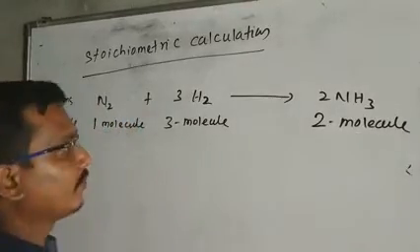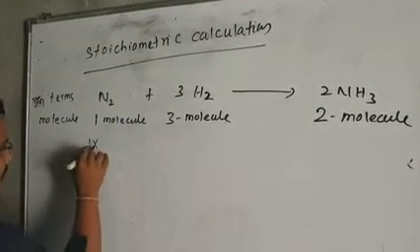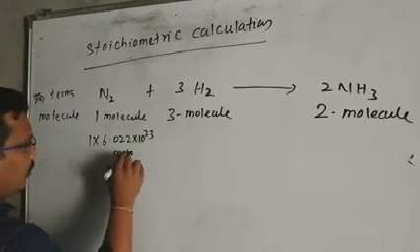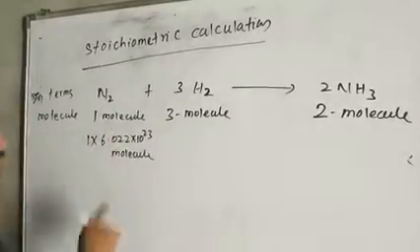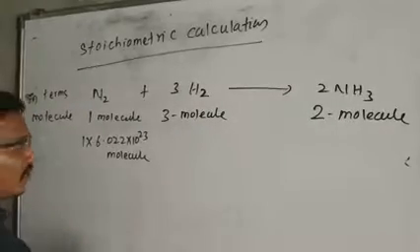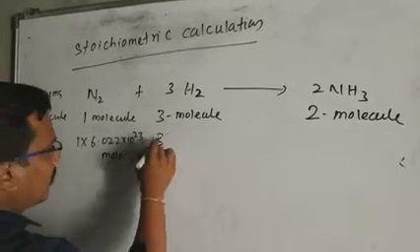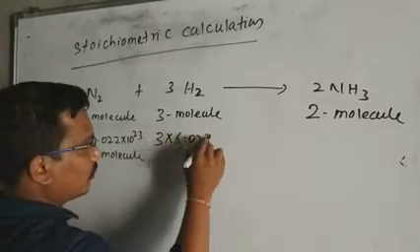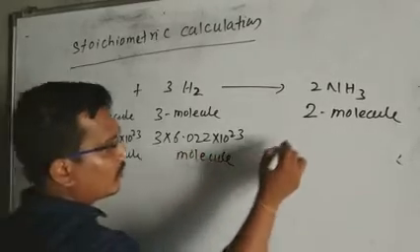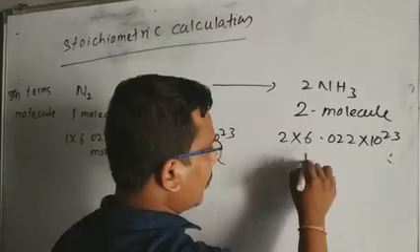Similarly, if you multiply each by 6.022 into 10 power 23, that is said to be Avogadro's number, we get 1 into 6.022 into 10 power 23 molecules, 3 into 6.022 into 10 power 23 molecules, and 2 into 6.022 into 10 power 23 molecules.